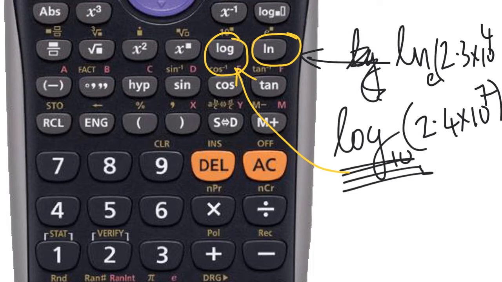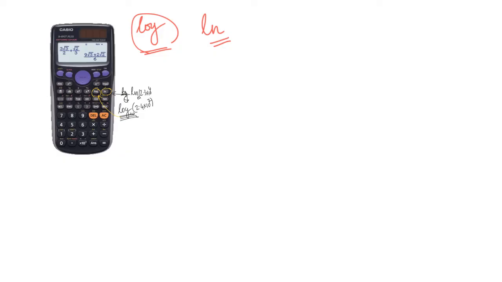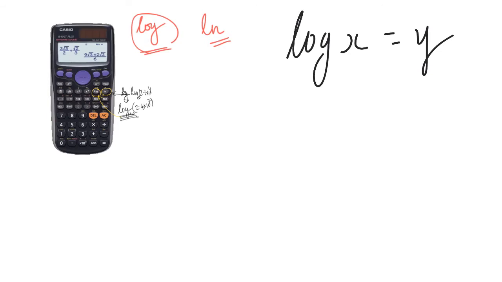So let's have a look at what this actually means. Say when you say log x equals y, this actually means x equals 10 to the power y.